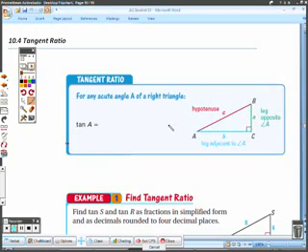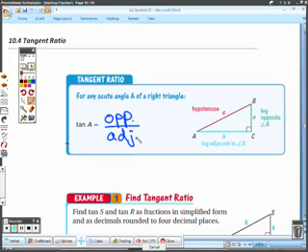So here's the basic rule for a tangent ratio. The tangent of any angle, we'll call it A in this picture with that triangle, equals the opposite side divided by the adjacent side.